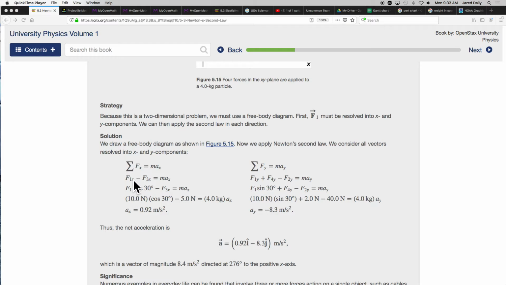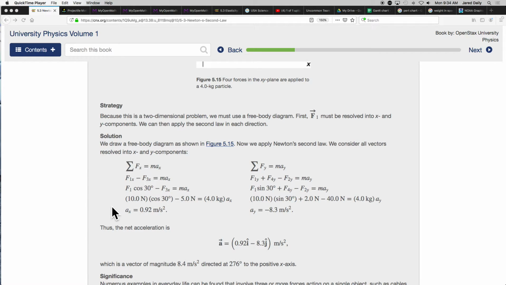So it's just F1 cosine 30 with a positive in front. And then the negative F3x is just negative F3, right? It's just the negative 5 newtons pointing off in that direction. And that has to equal the mass times the acceleration of this particle in the x direction. So it's only equal to part of the acceleration, not all of it, just the acceleration in the x direction.